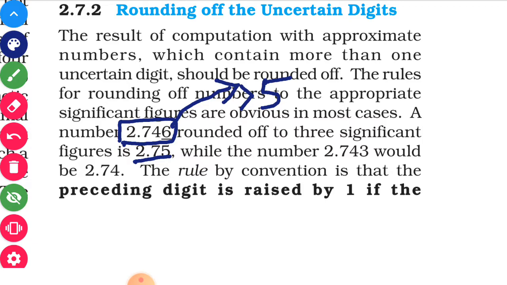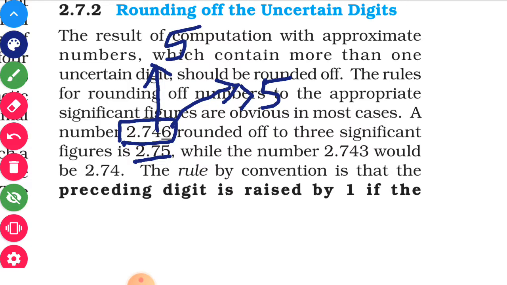So what will you do? You just raise this digit by 1, so it becomes 5. So this has to be rounded off, and it becomes 2.75. Instead of 46, it becomes 5.